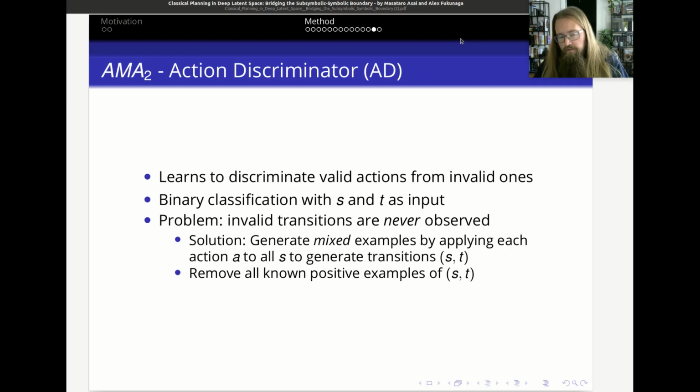Because not all actions are applicable in this state, we will get some false examples, but we don't really know which ones are true or not. We only know that there are some positive examples here. For example, the actions that are applicable in state S would be a true case. And we remove those because we already know that they're true. So we want to increase the number of potentially incorrect examples here.